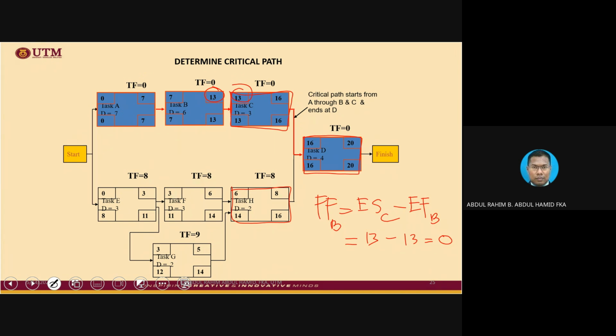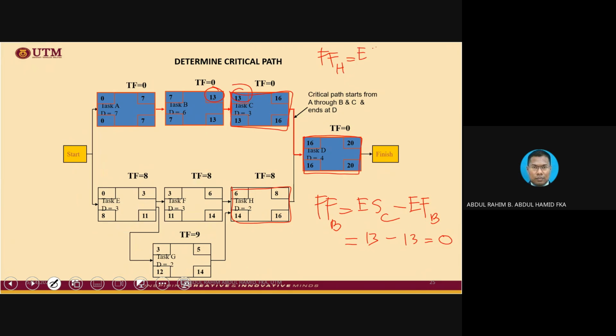C and D, there is no free float because they are critical activities, and free float will be zero as well. But then between H and D, now let's calculate free float for activity H. If you want to use the formula, I do not use the formula because from the diagram you can notice very quickly.